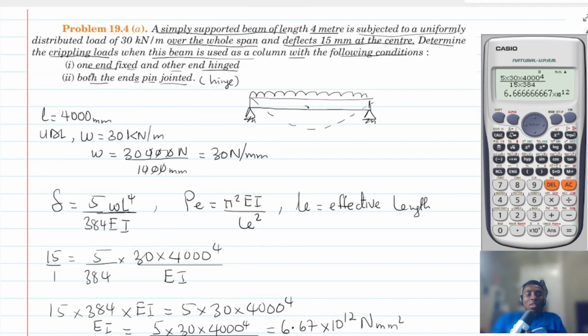The first condition says one end fixed and the other end hinged.